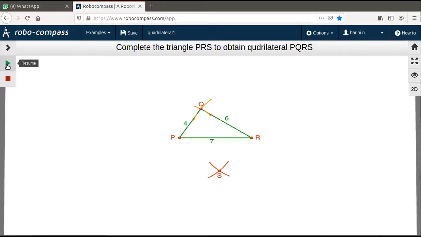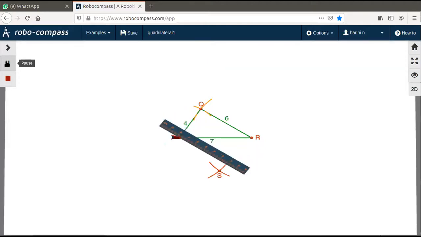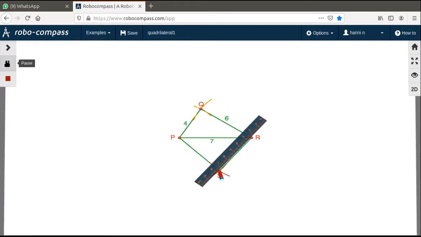Ma'am, join the P and R. P and R is already joined. Why am I joining P and R? I should join P and S and R. You will join PS and SR. You will take your scale, keep it alongside P and S, join it using a straight line. Now take the ruler, keep it alongside R and S and join.